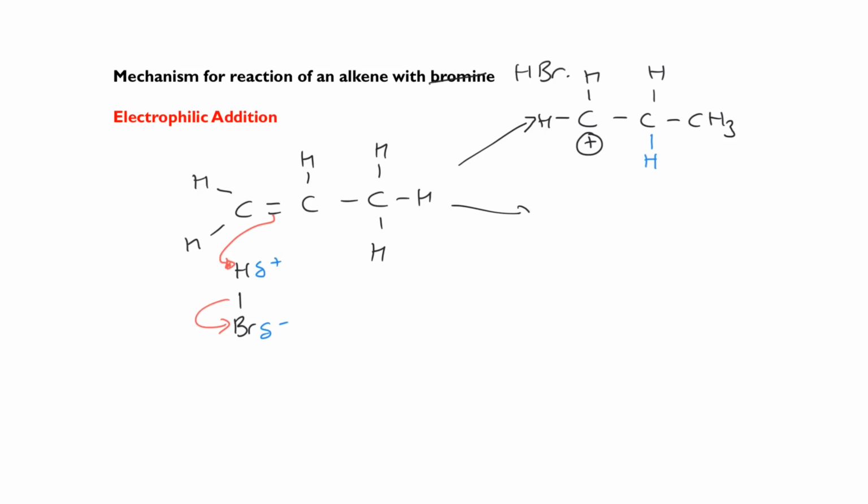The second option is the carbon could form a positive charge on the second carbon atom, and this would just be a CH3, and then you would have the hydrogen being bonded to this carbon atom here. Okay, so you can see the carbon is going to be positive on this one or this one because it's the two carbons either side of the double bond. Now this is where the stability comes in. So this carbocation, this carbon atom here, is only bonded to one other carbon.